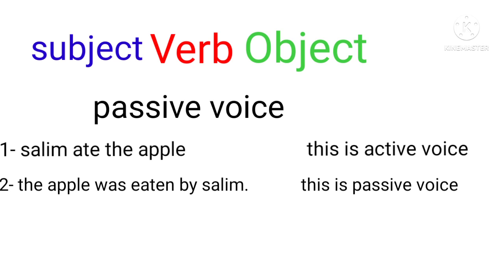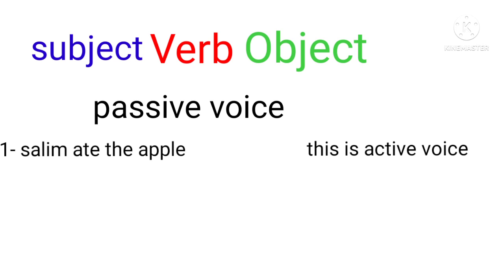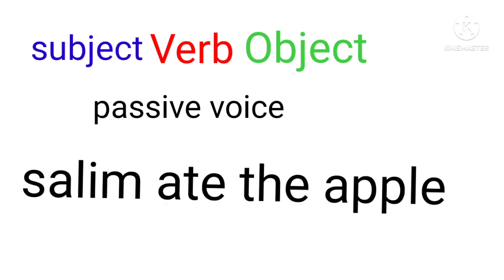Was is the form of the be verb and eaten is the past participle. Was is the past tense form of be, because the original sentence, Salim ate the apple, was in simple past tense.